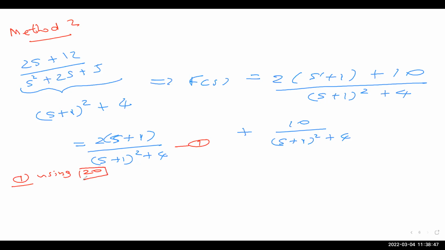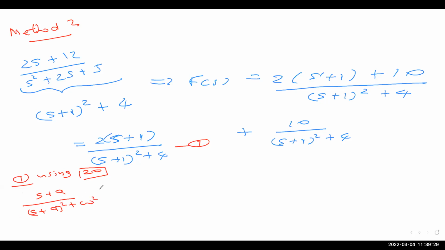So for 20, what it states is we need s plus a squared plus omega squared.